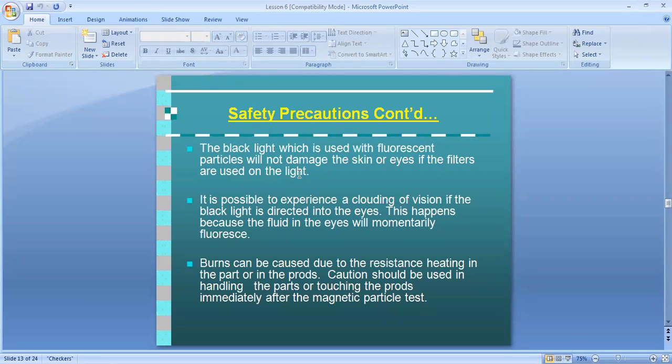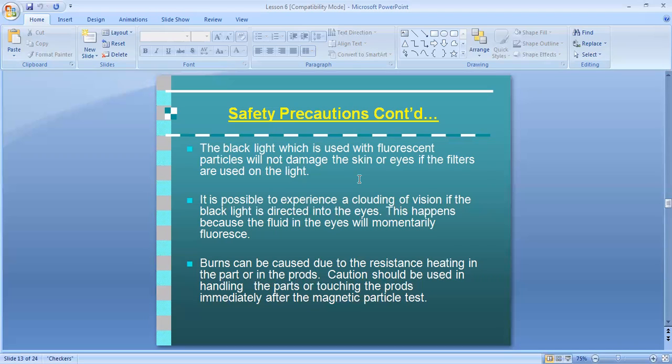If the filter is broken, then the ultraviolet light, that shorter wavelength, will come outside, and that will damage our skin, or specifically eyes. It is possible to experience clouding of vision if the black light is directed into the eye. This happens because the fluid in the eye will momentarily fluoresce, because our eye has fluorescence, and if you are focusing the ultraviolet light towards the eye, that fluorescence will glow.